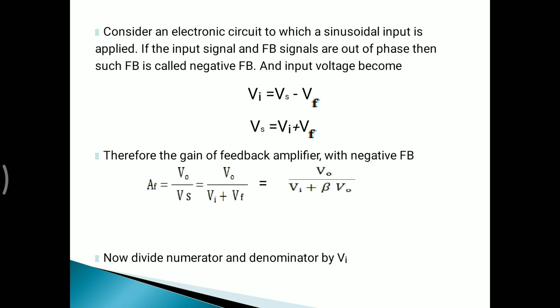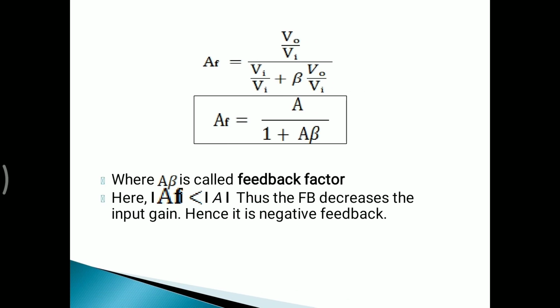Then divide the numerator and denominator by Vi. We get AF equals V naught divided by Vi, the output voltage divided by input voltage, which gives the gain of the amplifier A, divided by 1 plus beta into V naught by Vi.